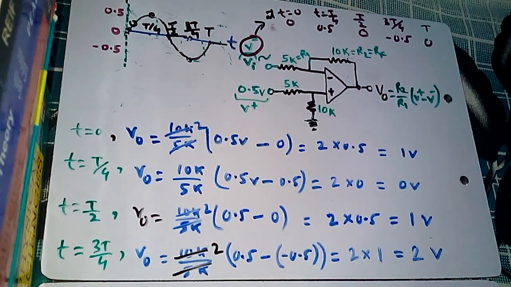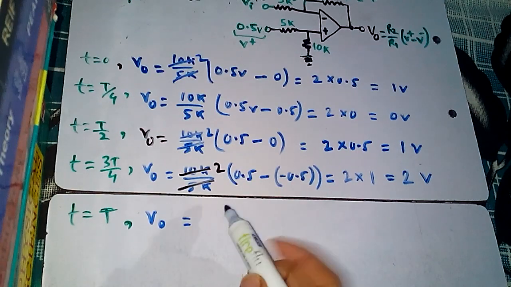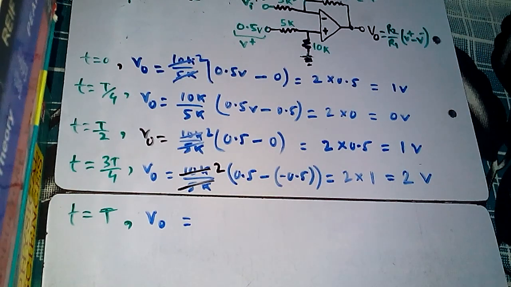Then let us find the output at t equal to capital T, that means at the time period. Then the output V naught is equal to, again, R2 by R1 into V plus minus V minus.